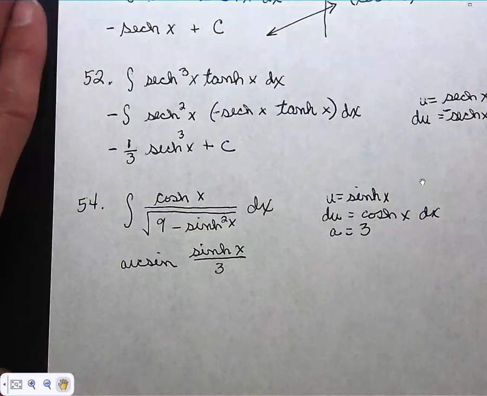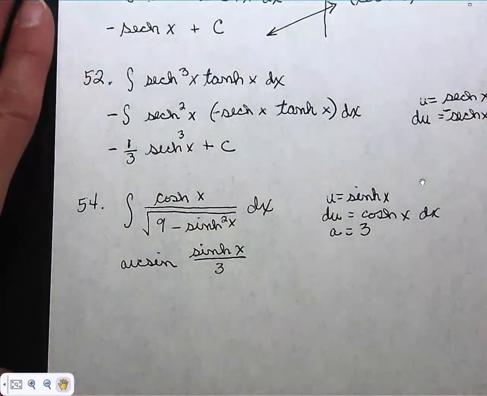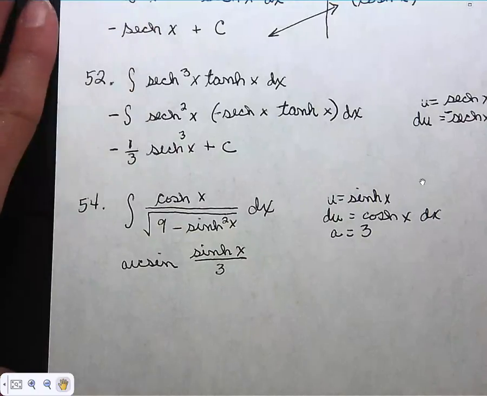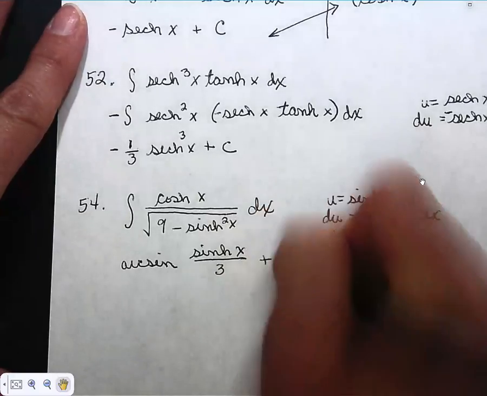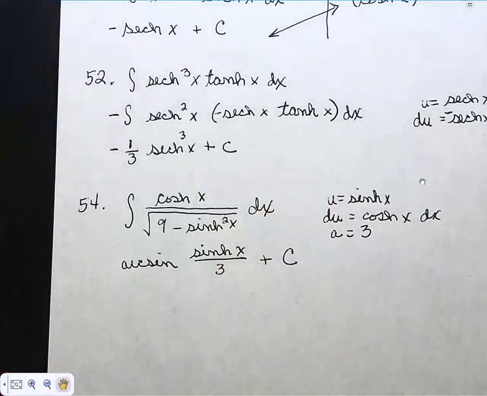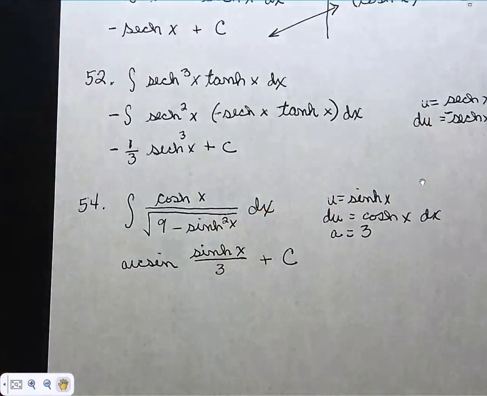It's the arc secant that has the absolute value in it, isn't it? Yeah, this one's just arc sine u over a. That would be absolutely fine with me as far as leaving that as the answer.